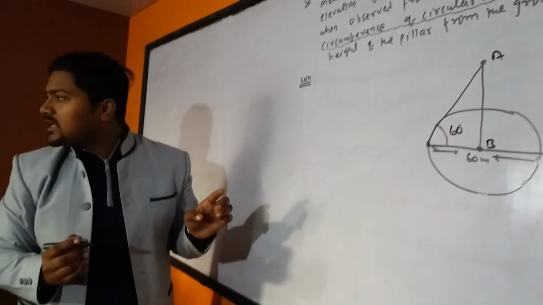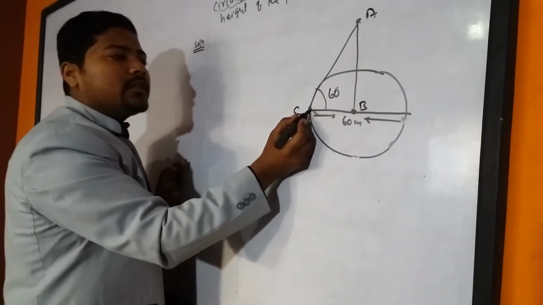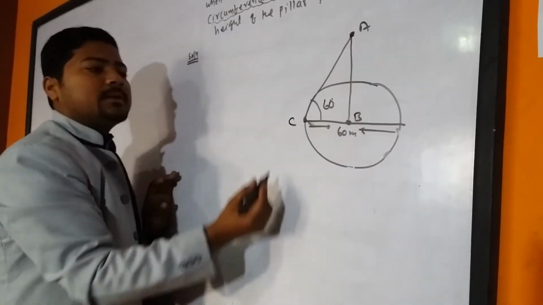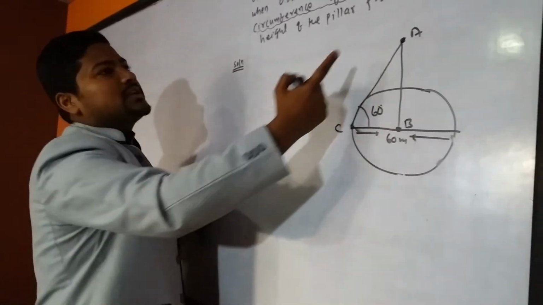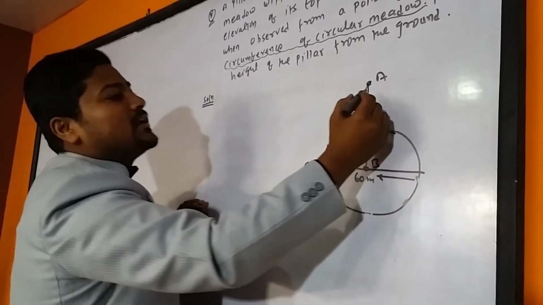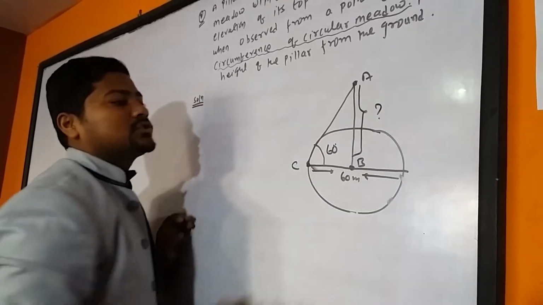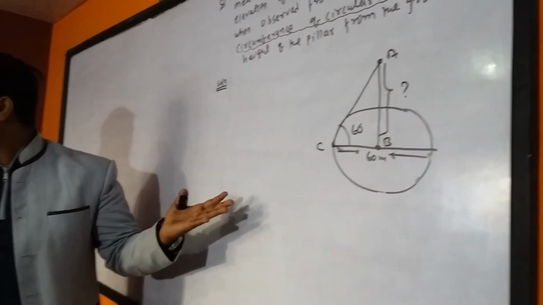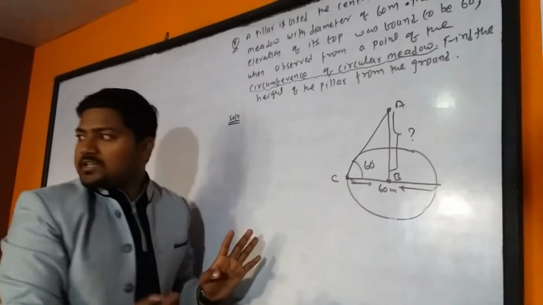From point C, the top of the pillar is observed, and the angle of elevation is found to be 60 degree, and the question is asking to find the height of the pillar. So AB is the height of the pillar, we have to find. Very easy question, only while we read it seems complicated, but it's really easy.